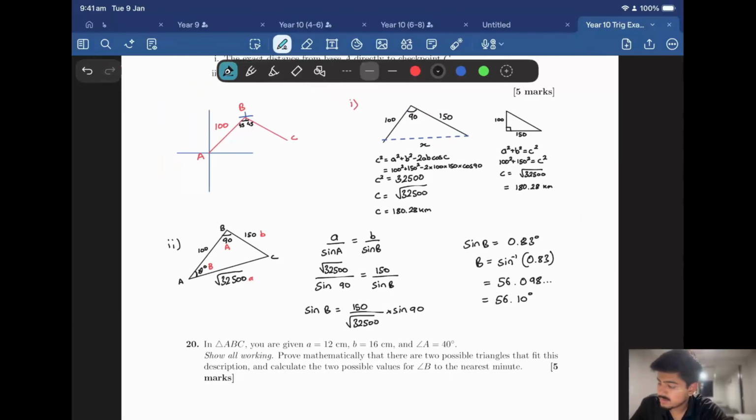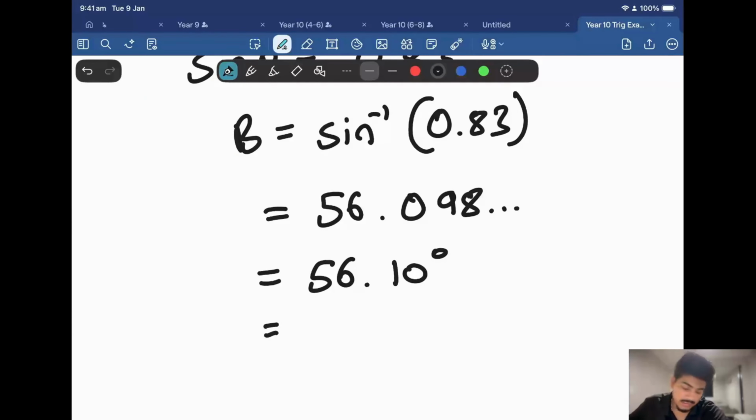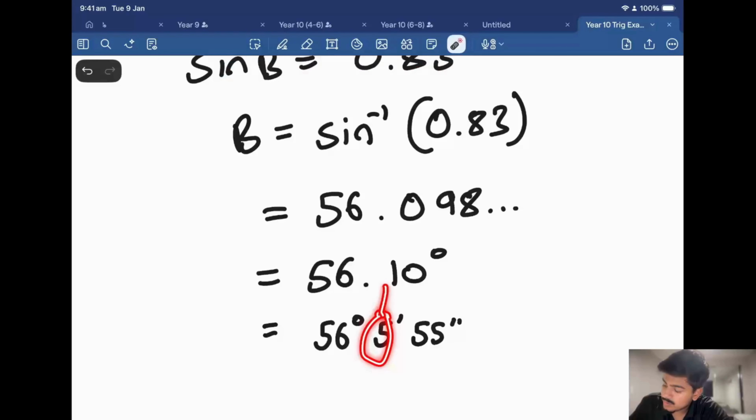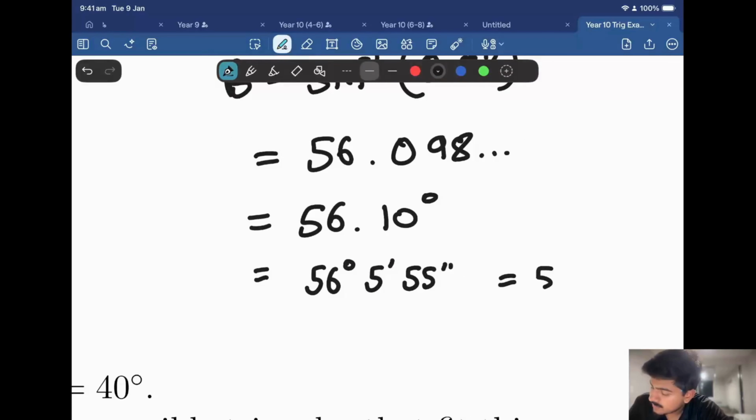Does that make sense? Oh yeah, okay. Reading the question again, it says to minutes, so let's just convert this to minutes. So that's 56 degrees and 5 minutes and 55 seconds. 55 is greater than 30, so this will go up, so your answer is 56 degrees and 6 minutes. Perfect.